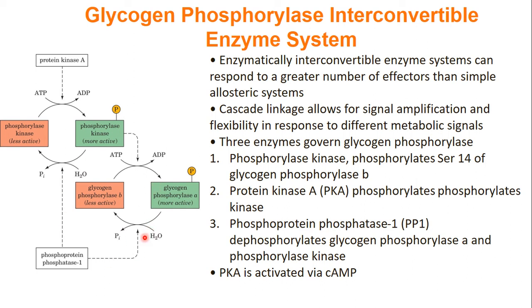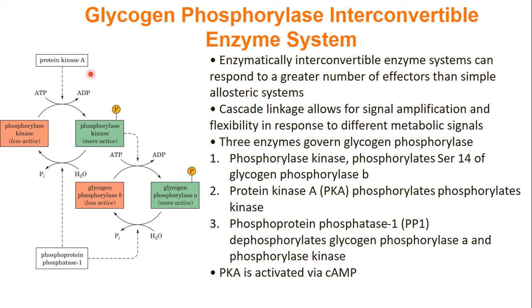And these two can be shut off through the enzyme phosphoprotein phosphatase 1. Horrible name, so we're going to call it PP1. PP1 will dephosphorylate glycogen phosphorylase and phosphorylase kinase. So this is turning off, this is turning on. Every time we see one of these pictures, green means more active, red means less active.